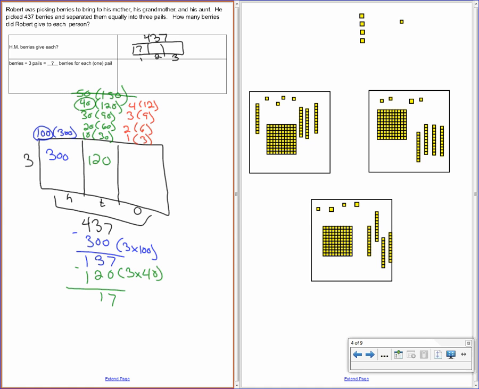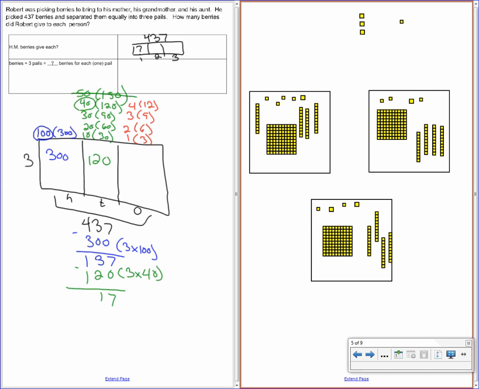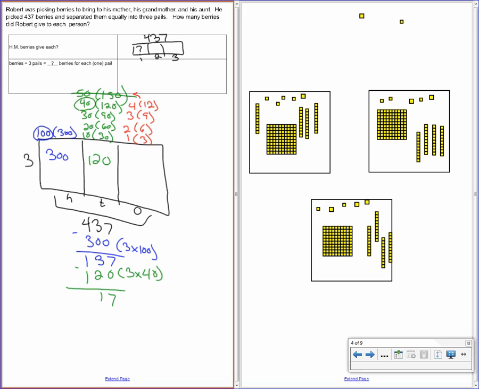I have 17, so I have plenty more to go. If I give each one 5, that's 15. And if I gave each one 6, that would be 18, and I don't have 18 to give away. So I gave each one 5. That's worth 15.